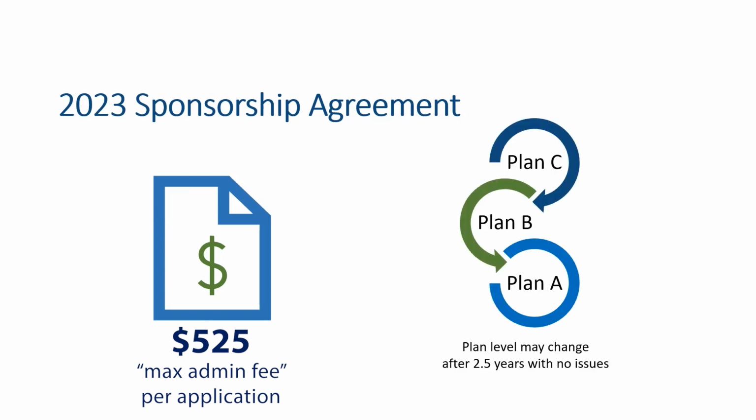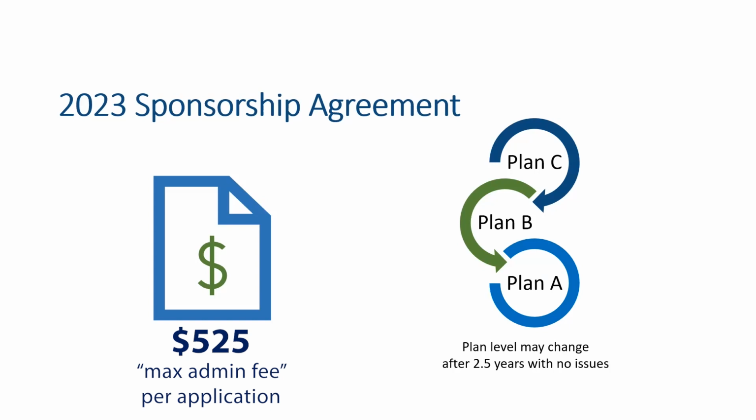The next change in the agreement is the mid-cycle review that exists within that 5-year cycle. So if you look at Appendix 2, it states that every 2.5 years, SARs in Plan B or C may be moved to a lower risk plan if there's no issues or concerns that ISCC has identified as part of its pre-arrival verification process or its post-arrival monitoring.